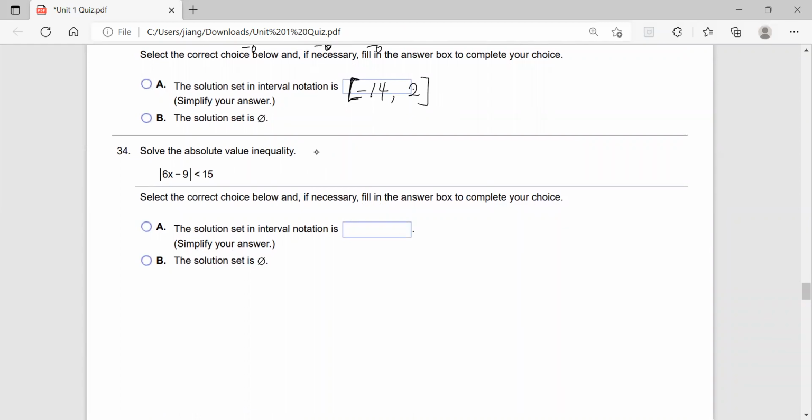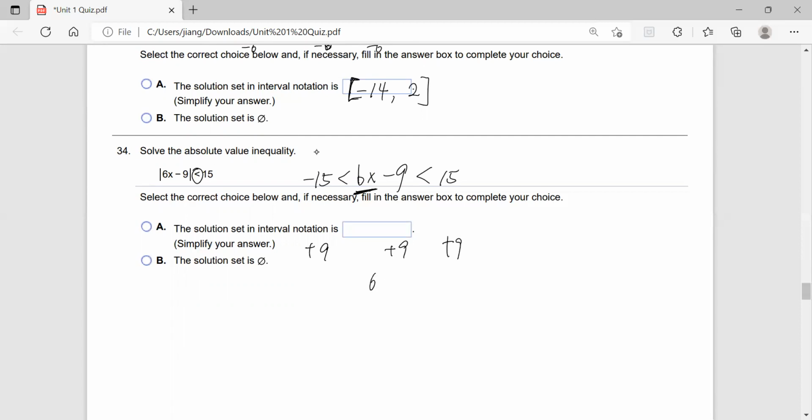Solve the absolute value inequalities. So here is less than, that means 6x minus 9 is between -5 and +5. And then we solve for the x. We add 9 on three sides.